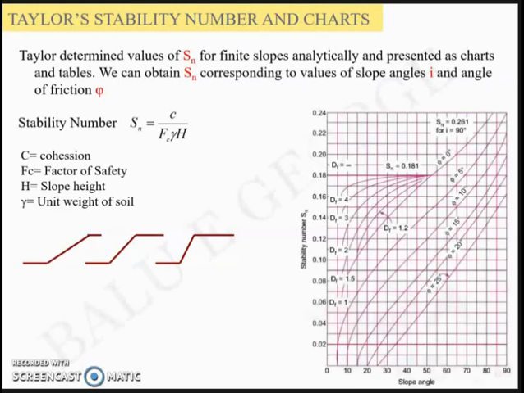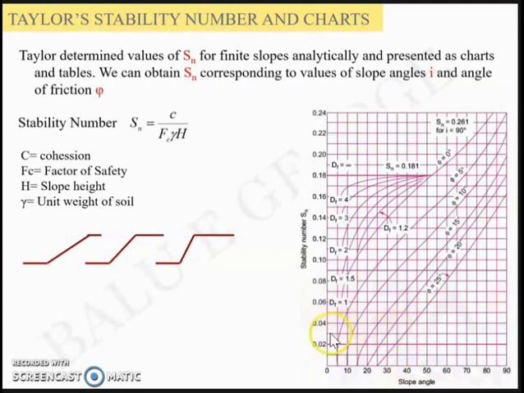Now this is an example chart given by Taylor where you have slope angle marked on the x-axis and different values of phi given as lines. So if you want, you can get a value corresponding to a slope angle of 40 degrees and phi equal to 25.